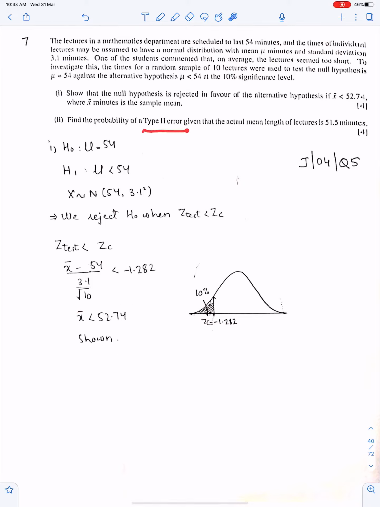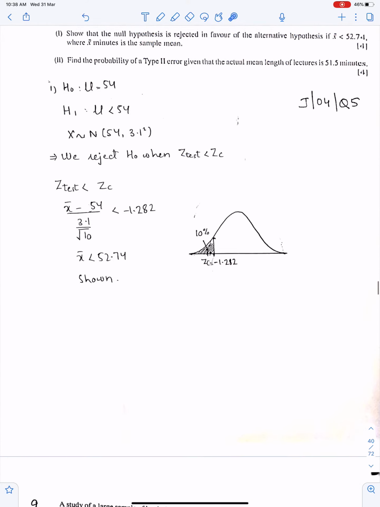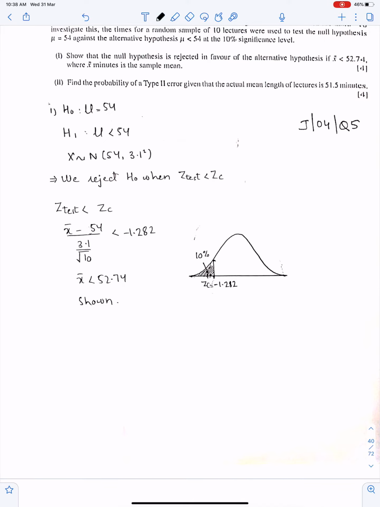Find the probability of a type 2 error given that the actual mean is 51.5. This is so simple. Basically, this is the type 2 error. So the probability of a type 2 error is this. This is part 2.